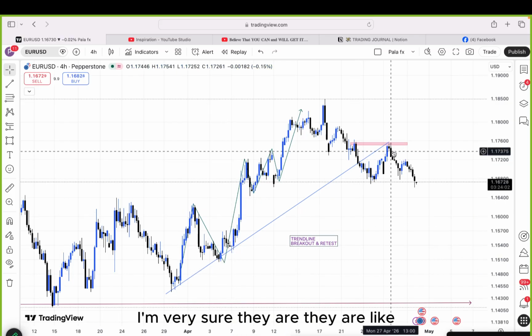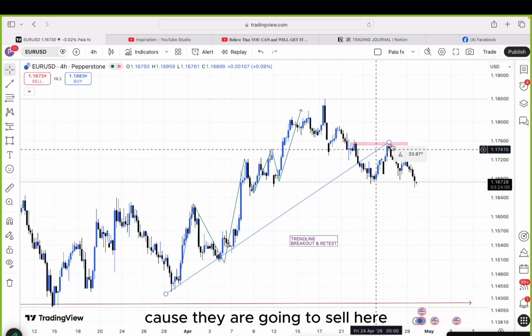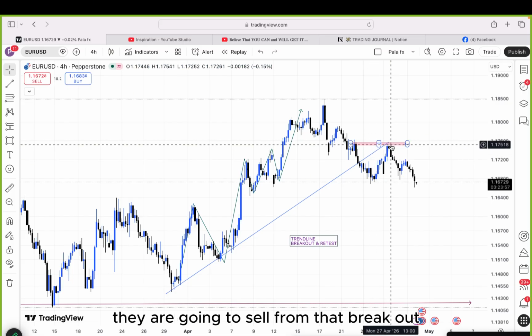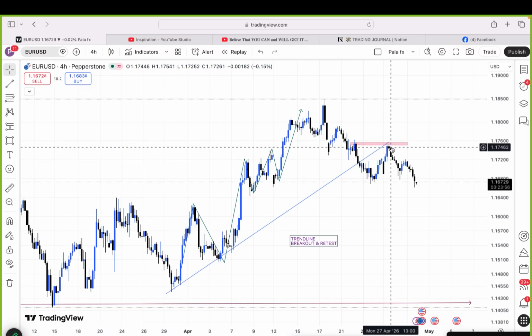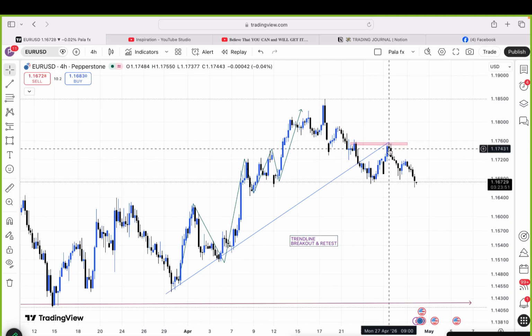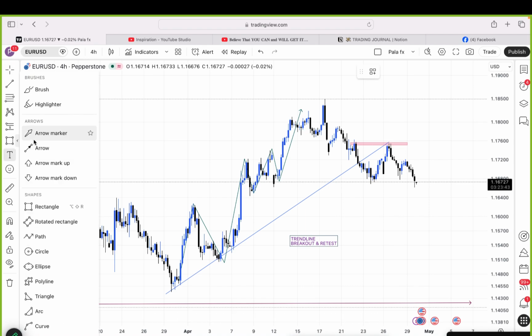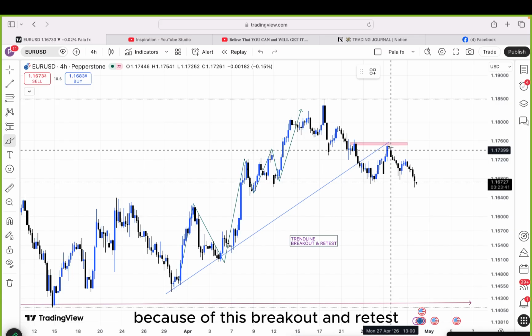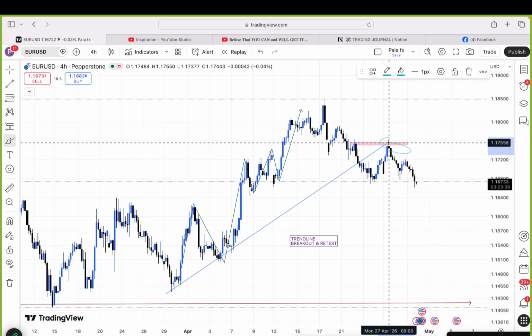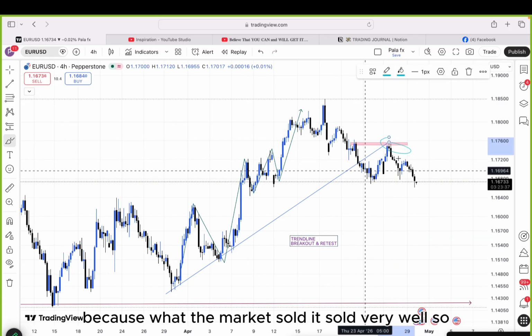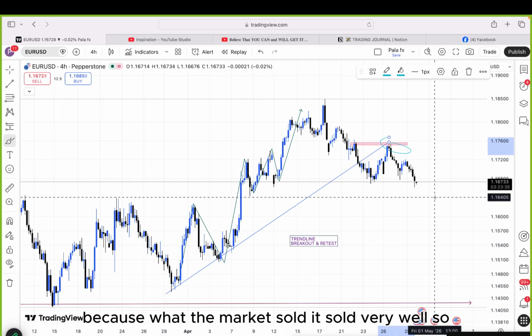So some traders that are active and recognize this particular pattern that formed here, I'm very sure they are going to make money too, because they are going to sell from that breakout, from that retest. If you sold from here because of this breakout and retest, you are going to make money, because the market sold very well.